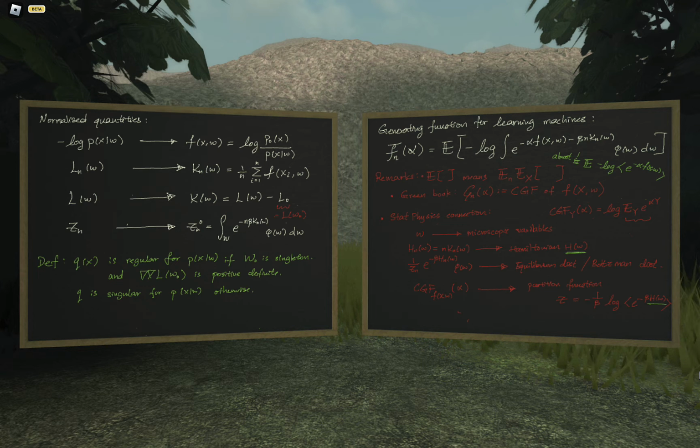So in physics, you differentiate with respect to beta to get the state variables that we want, the energy and so on. In moment generating functions, you differentiate with respect to alpha. So I guess the connection here is that alpha is beta, and the beta we use for inverse temperature in our posterior distribution is something else. So yeah, there's a bit of inconsistency there, but it's still a useful dictionary.